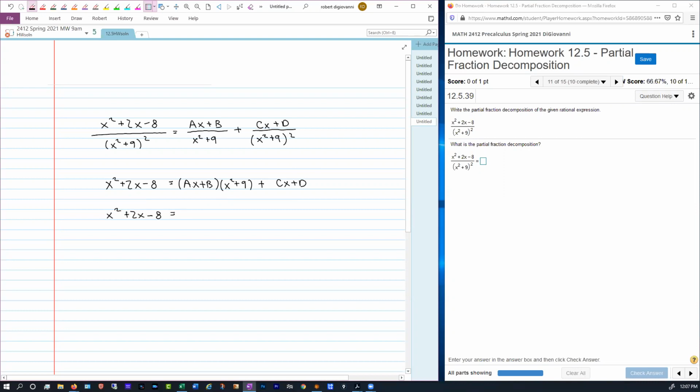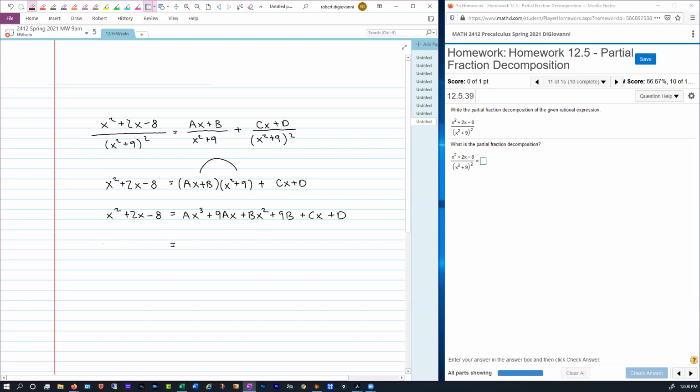And now I'm going to just FOIL this out. So let's see, ax cubed plus 9ax plus bx squared plus 9b. So that's just me multiplying these two together. And I still have the cx plus d out here.